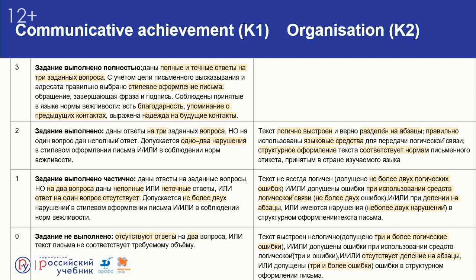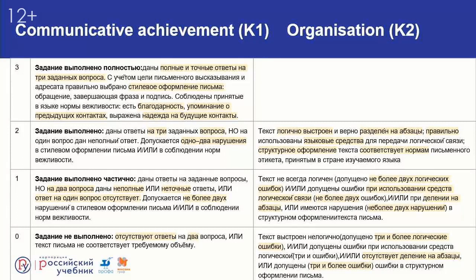So there can be minor problems with 2 answers out of the 3, or just one question is ignored completely. So 2 good answers to 2 out of 3 questions, or 2 questions not well developed enough, with 1 being good. This is what our learner can get 1 point for, right?